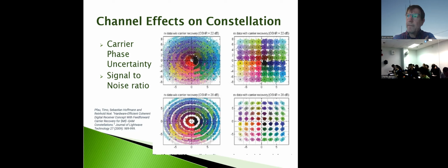So in these left-hand cases, these have suffered all sorts of different rotations, and therefore we have to lock onto that carrier and try to remove these rotations. So we have circuits or algorithms in a receiver that move us from the left-hand side here to the right-hand side.